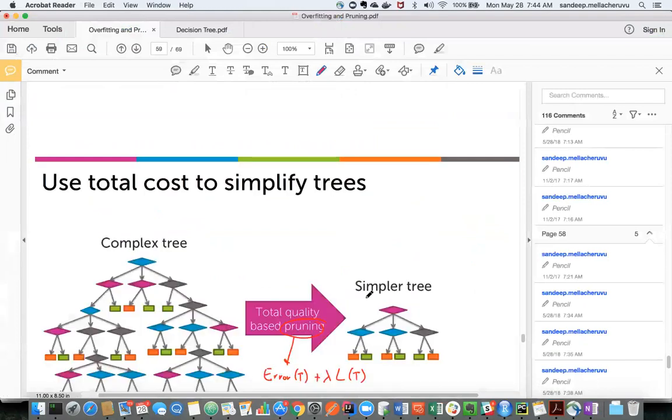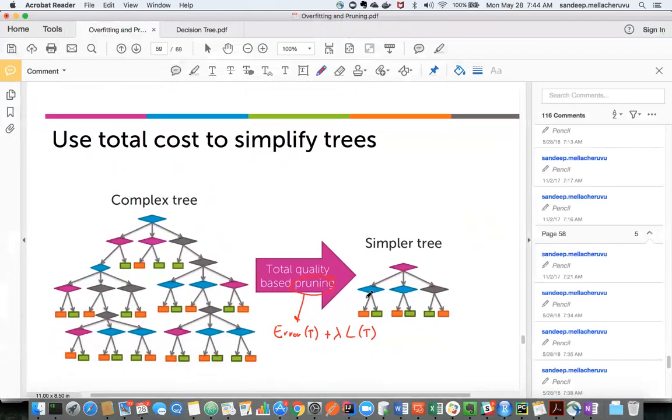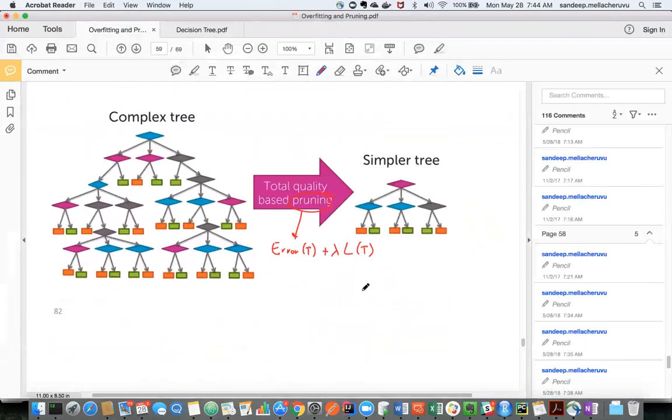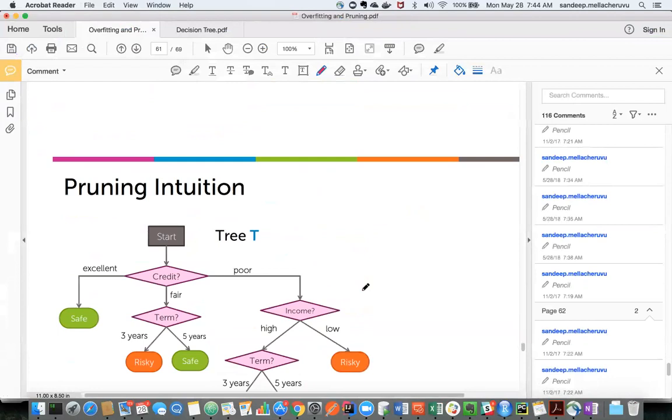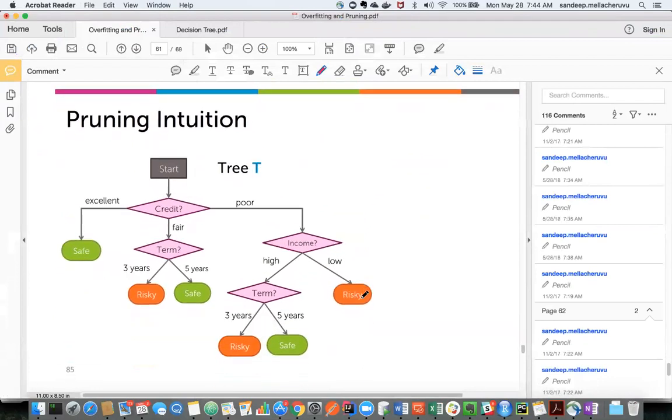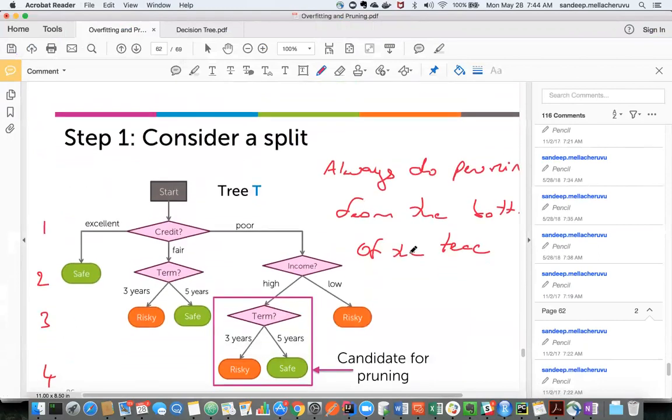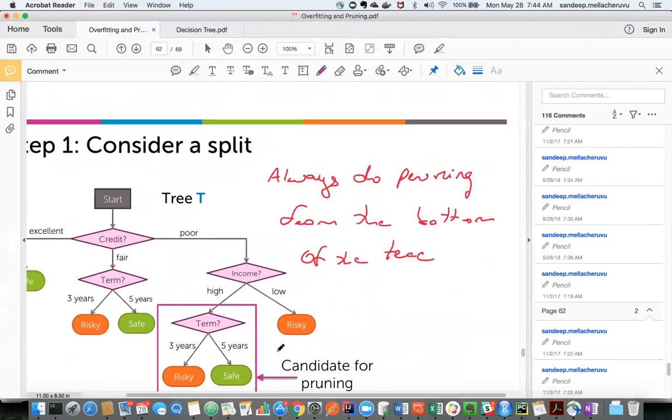So how to prune? You have to use the total cost to simplify the trees. That's what we have realized. To do the pruning, always start from the end of the tree, the bottom of the tree.